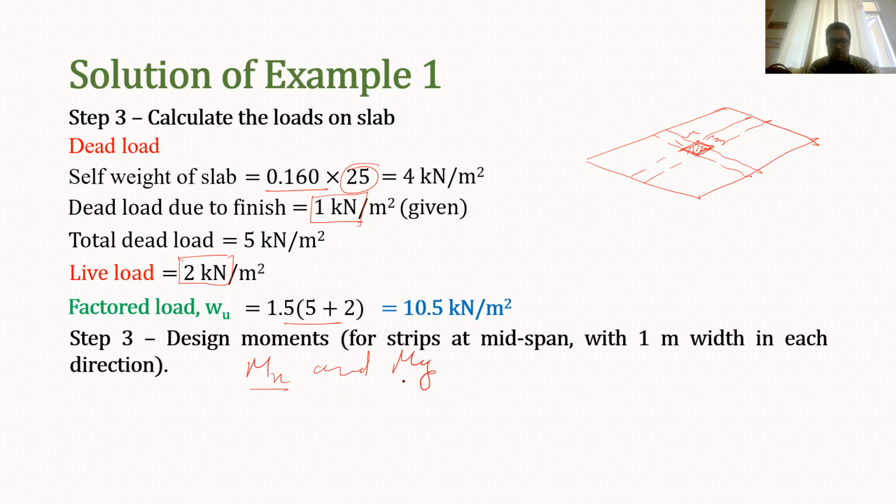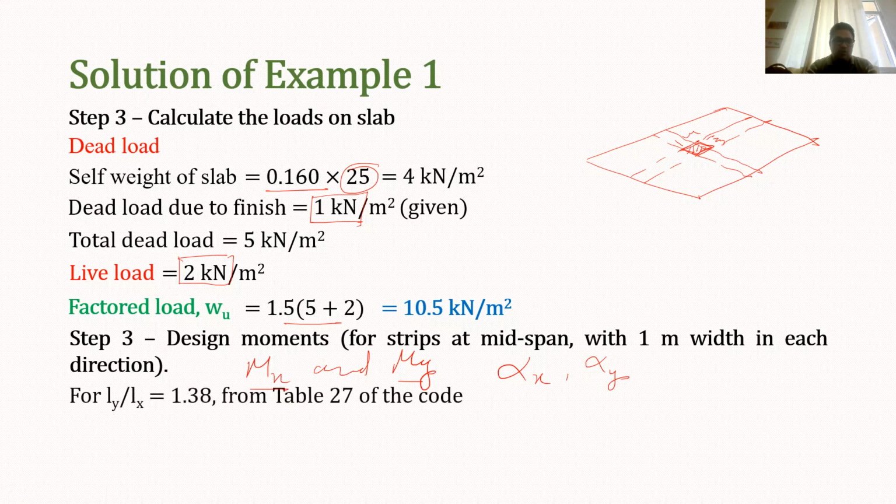But to calculate mx and my, we will be required to find out the value of alpha x and alpha y. Now alpha x and alpha y is dependent on the Ly by Lx ratio. So here first we will refer to the table 27, and there we will see what will be the value of alpha x and alpha y for the ratio 1.38.